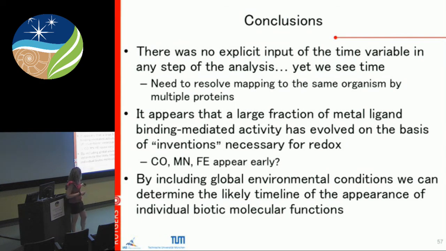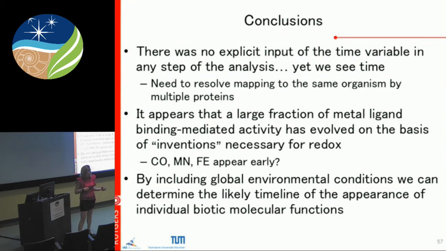It appears that a large fraction of metal ligand binding mediated activity has evolved on the basis of inventions that were necessary for redox. I didn't actually show you this, but I was using all kinds of metal binding proteins, explicitly excluding only those necessary for DNA regulation. They're not all oxidoreductases.